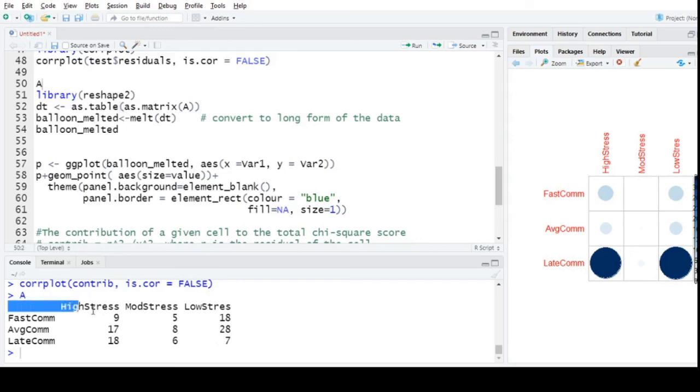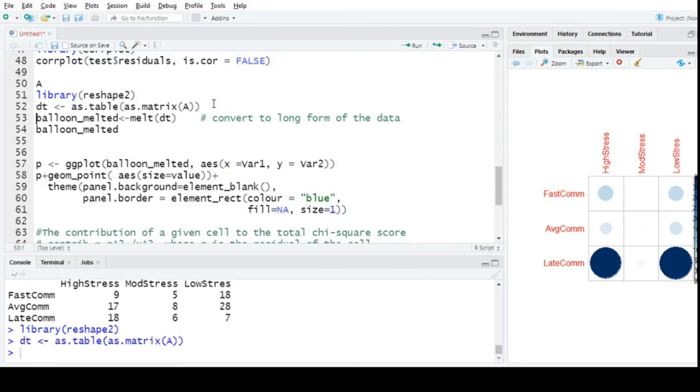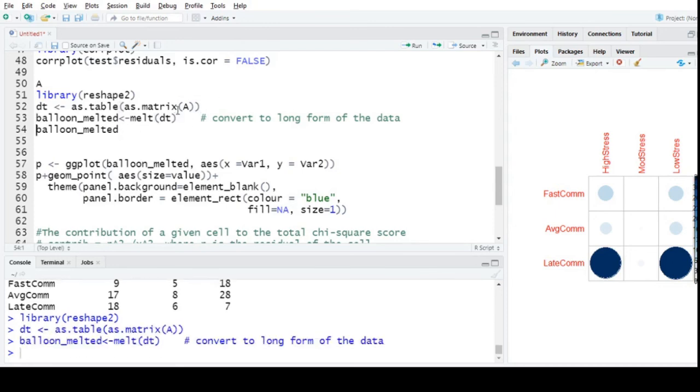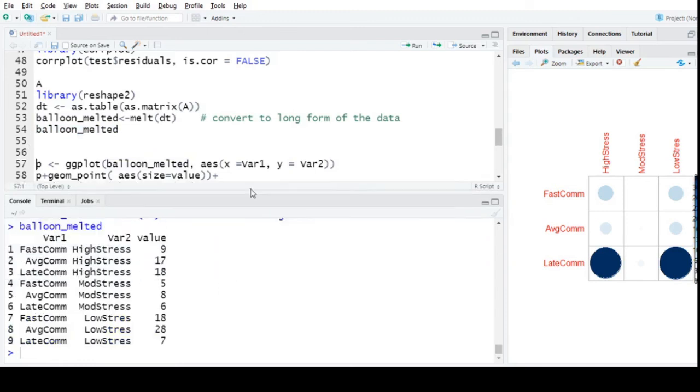So this is the value A. Now I've included the library. Let me run it. Now I've converted this to dt. Now I'm using melt on dt, and when I run this, my new variable, balloon melted, is what it means in a long form. This is a long form of the data.